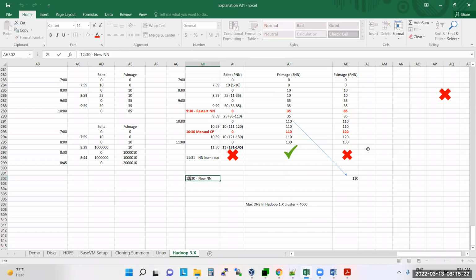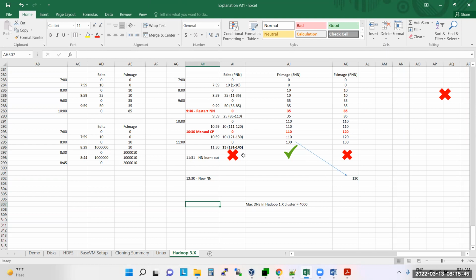Let's say at 12:30 they got a new name node. Again, everything has to be manually copied here. Those 15 transactions are a waste. It means we lost these 15 permanently because the checkpoint did not happen.